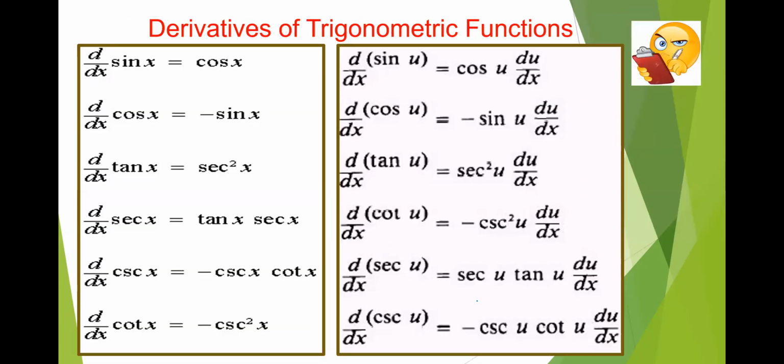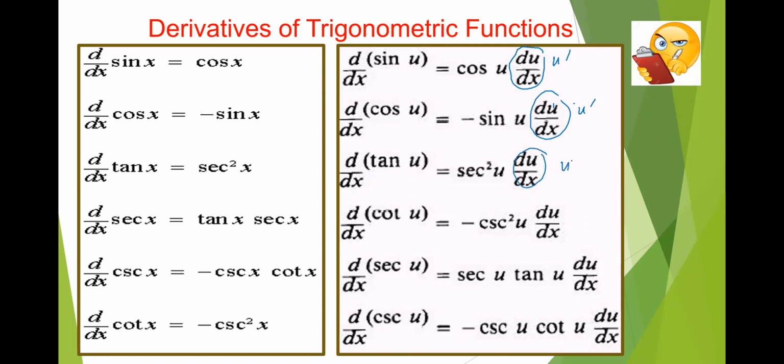Okay. So basically, this is the summary of our formulas for the derivatives of the trigonometric functions. In some cases, you might see that this will be seen as u prime instead of du over dx. Dun sa ibang textbooks, instead of du dx, u prime yung other factor natin dito.